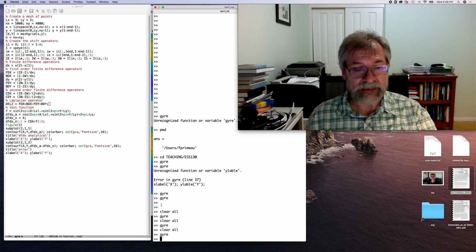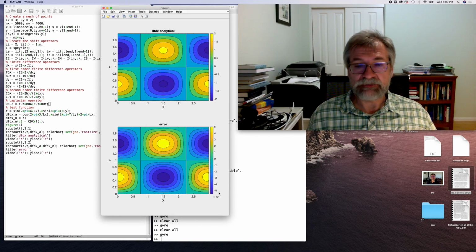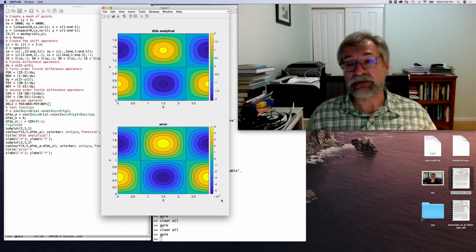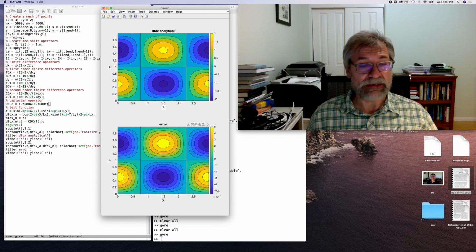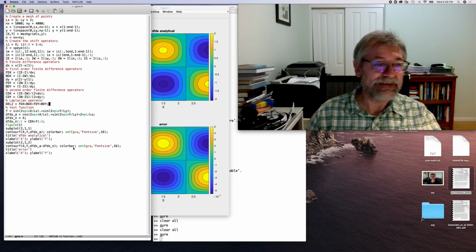Let's see if our last calculation with 5,000 points is done. Yes. So sure enough, now the error is down to 10 to the minus 7, another factor of 100 less than it was when it was 10 to the minus 5. So we are indeed getting quadratic convergence when we use a centered finite difference approximation. Okay, so let's go back to the Laplacian operator.